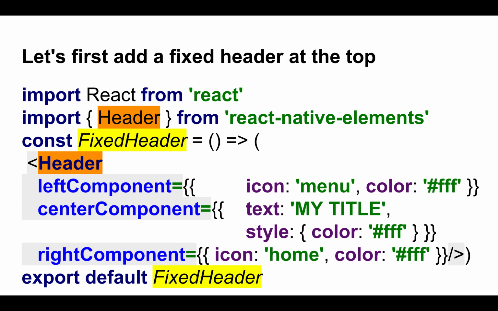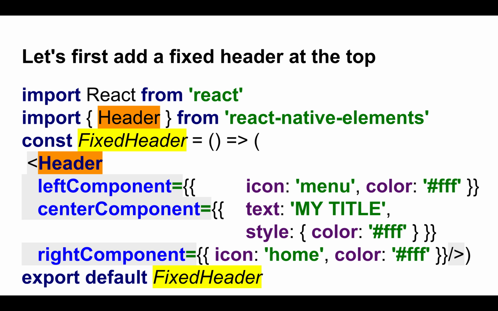We can configure a couple things. For instance, in the header, we can configure what icon you want on the left-hand side, what icon you want on the right-hand side, and what text you want. So for the center component, you can provide a JSON object that you can configure the text for the title. You can configure the color as being white.